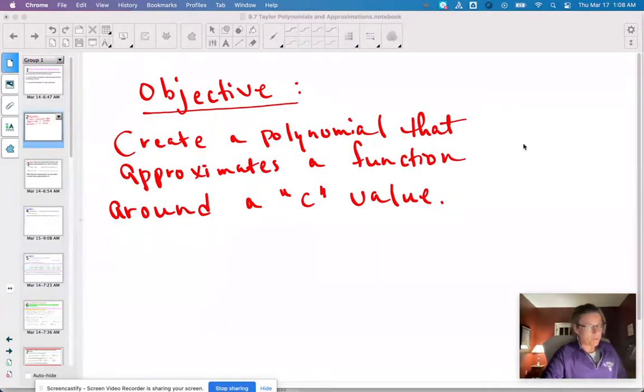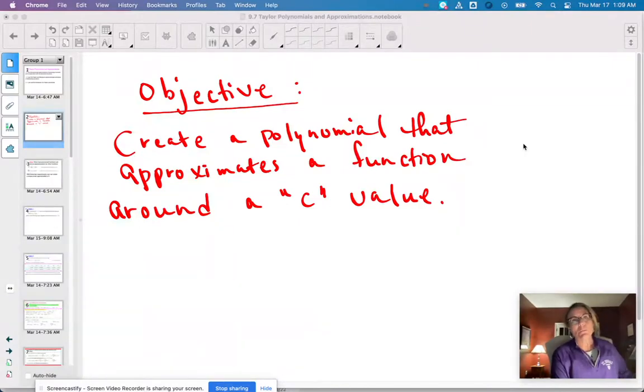So you might be thinking, well, why are we doing this? Well, the basic idea behind the lesson is that we like to create polynomials because they are easy and sometimes they're easier to take derivatives of and integrate quickly. So when we think about Taylor polynomials, we're really taking something that is hard and turning it into something that is easy.